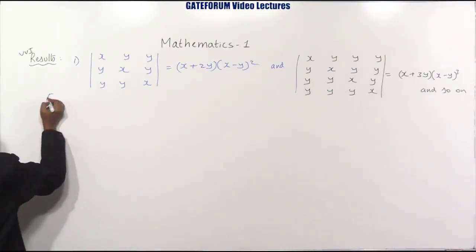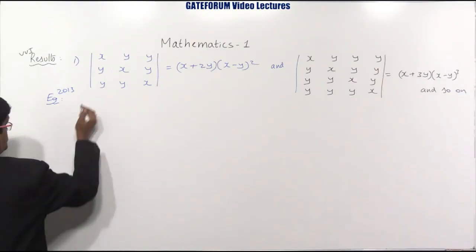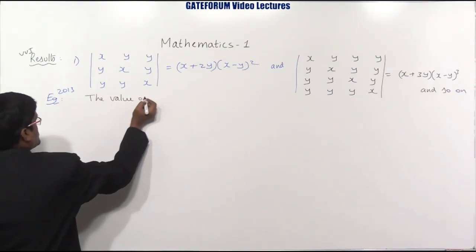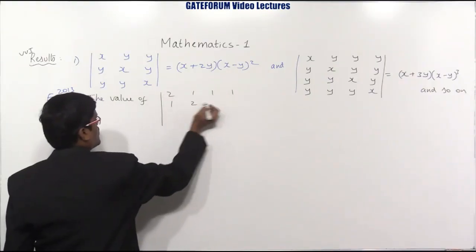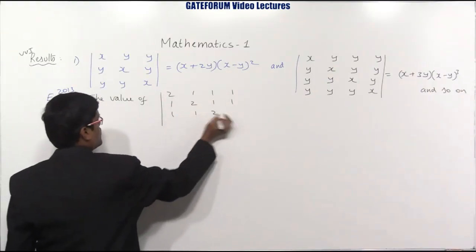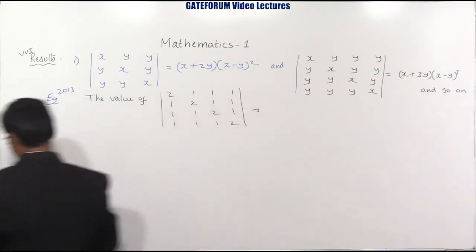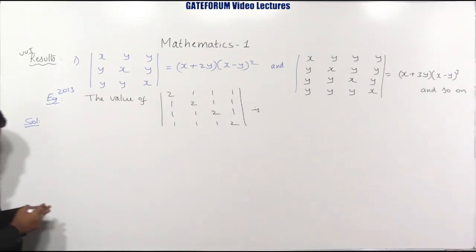In this case, I will do the previous GATE question example, which was asked in 2013 for 2 marks. The question is, the value of determinant 2 1 1 1 1 2 1 1 1 1 2 1 1 1 1 2 is? Solution.